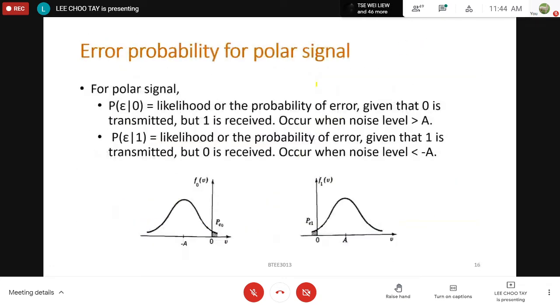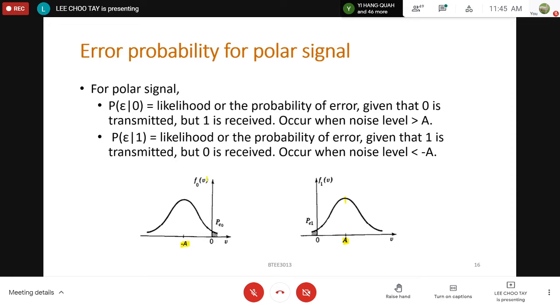Now let's look at the error probability for polar signal. Recall that we send a 1 with a positive amplitude pulse. Again, let's say the amplitude is A. We send a 0 with a negative amplitude pulse, and the amplitude is A as well.